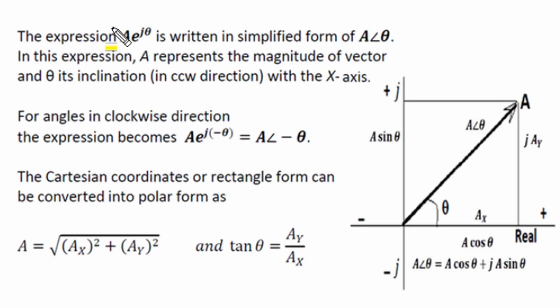The expression a e raised to power j theta, which is often simplified and written in the form a angle theta, is the polar form of the phasor expression.